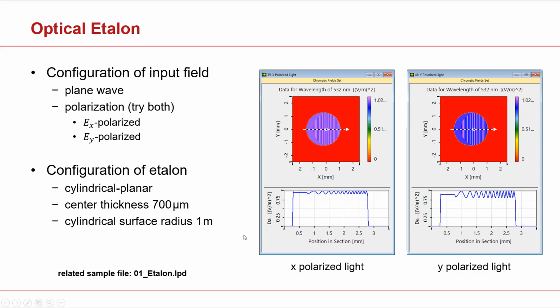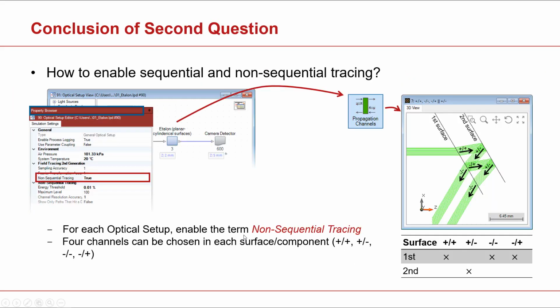From now on, the concept of non-sequential tracing and the channel concept is introduced. Conclusion of the second question, how to enable sequential and non-sequential tracing. For one optical setup, we can set the term non-sequential tracing from false to true, which means now we change from sequential tracing to non-sequential tracing.